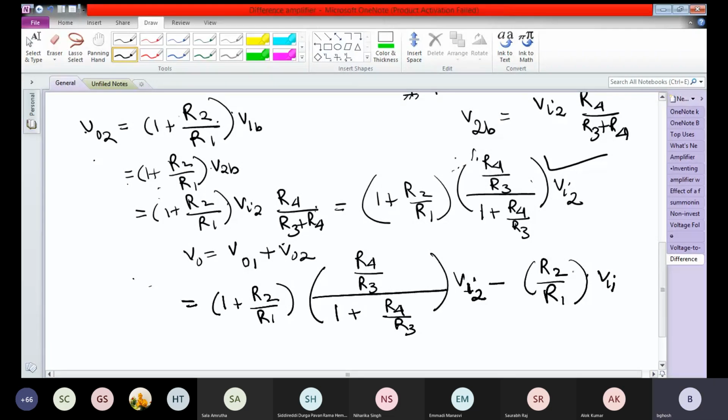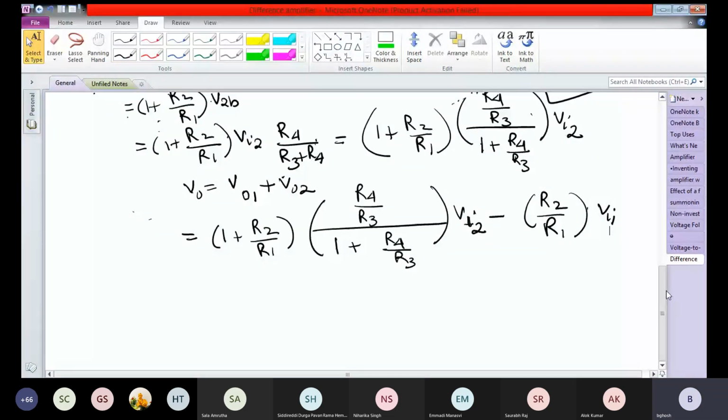Okay. A property of the ideal differential amplifier is that the output voltage is 0 when VI1 equals VI2.